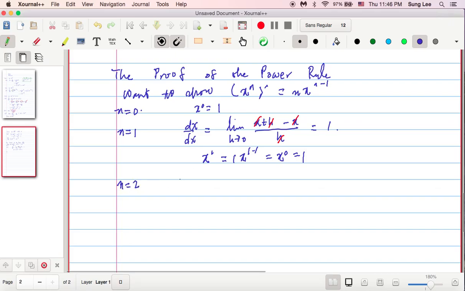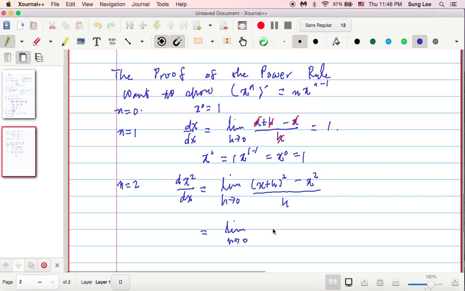So for the n equals 2 case, we find the derivative of x squared with respect to x by the definition, that's the limit. You can also use the second definition, okay? But here I'm going to stick to the first, the original one: x plus h squared minus x squared all over h, limit h goes to 0.